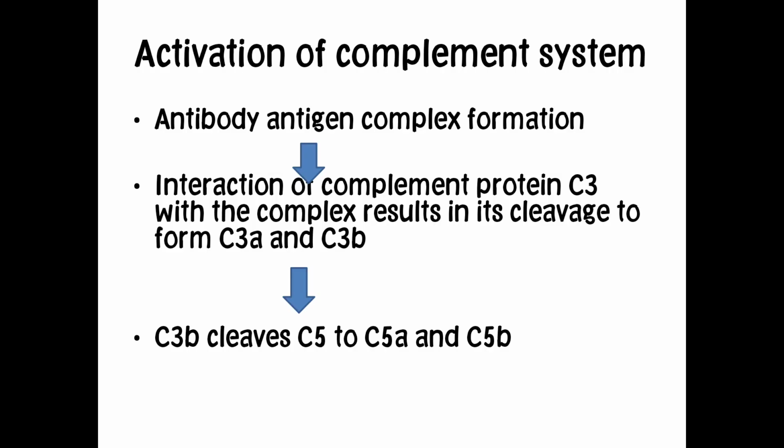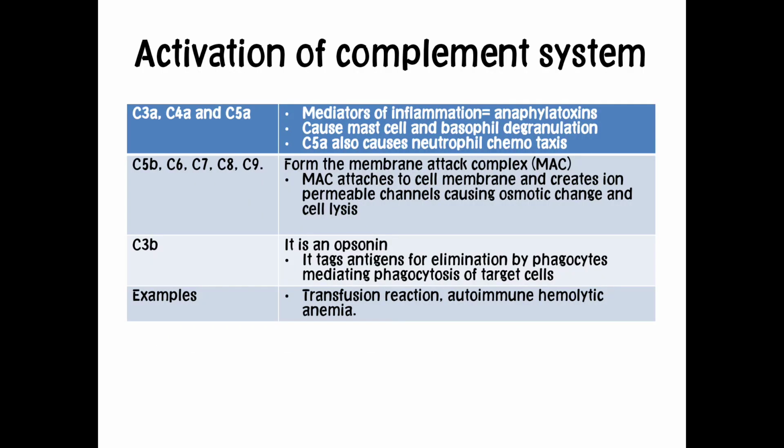C3b further breaks down another complement protein known as C5 into C5a and C5b. So after various cleavages and activation of the complement proteins, these proteins act in various ways to cause an immune reaction and destruction of the target cell.